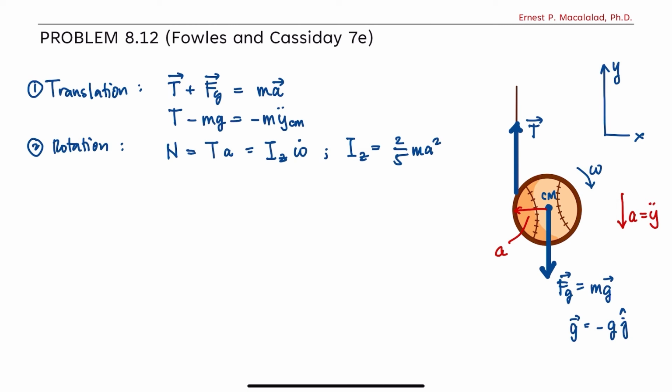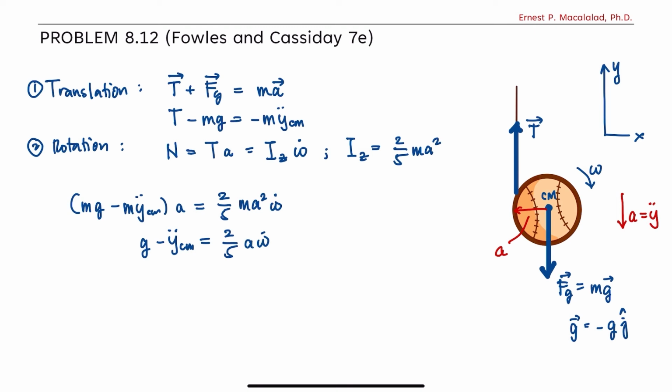Combining these two equations together, we now have mg minus m y double dot cm times a, and this is equal to 2/5 m a squared omega dot. Simplifying this, we now have g minus y cm double dot equal to 2/5 a omega dot.